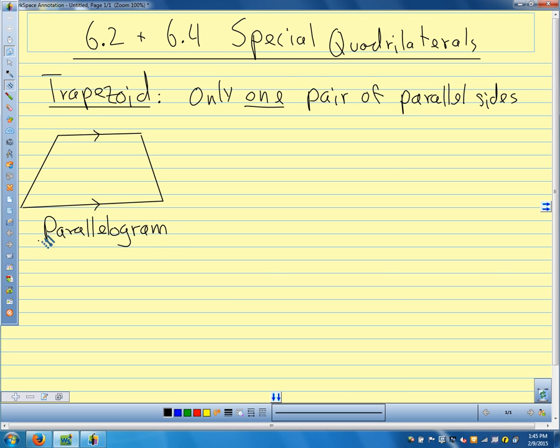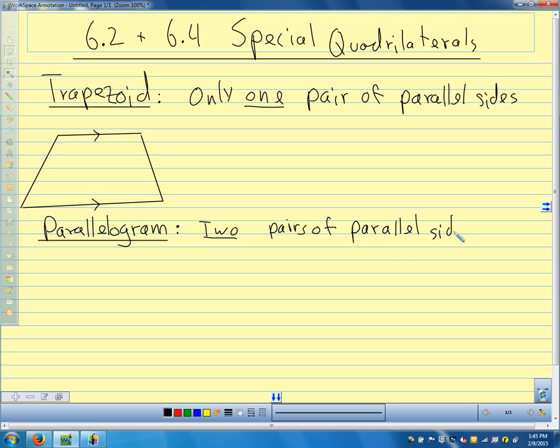Parallelograms. So a parallelogram is a quadrilateral. And a parallelogram, this could go inside, has two pairs of parallel sides. So the picture of our parallelogram looks something like this.